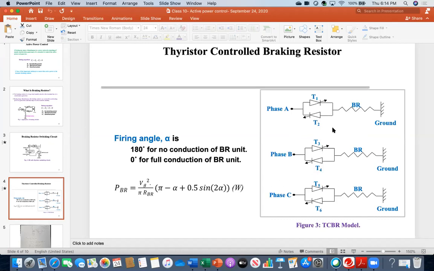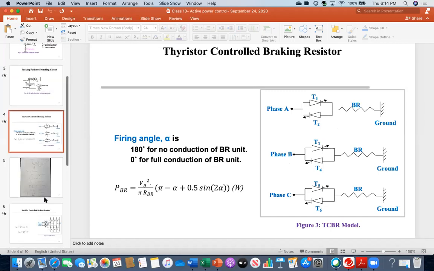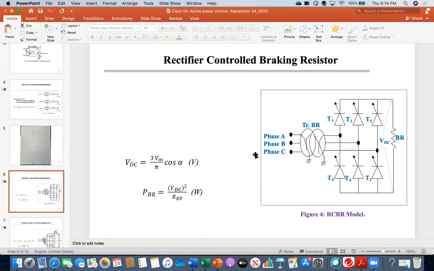So this is very popular, very old technology. This is the widely used one, the thyristor based. But later in some small scale application, this one, the rectifier controller, has been used. So for small scale application, this one is used.